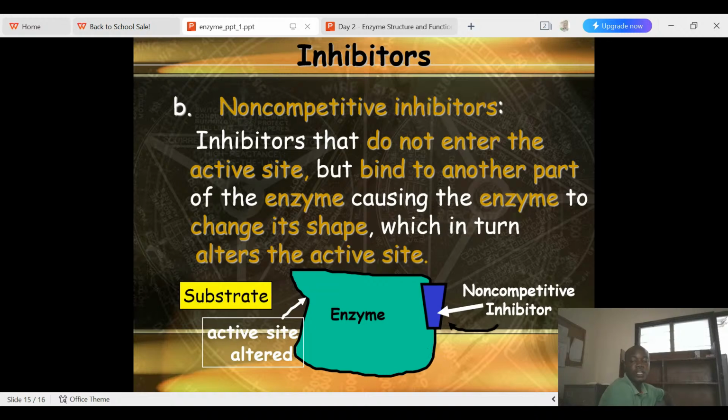So that is what happens in the case of non-competitive inhibitors. So this is what you need to know for the basic concept of these non-competitive inhibitors.